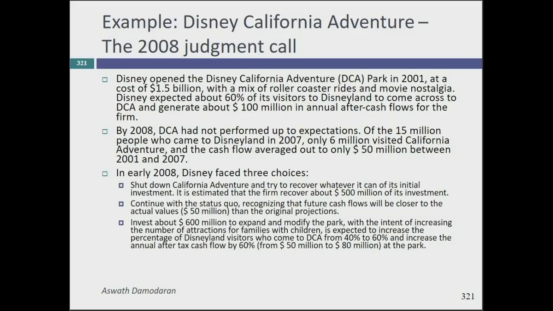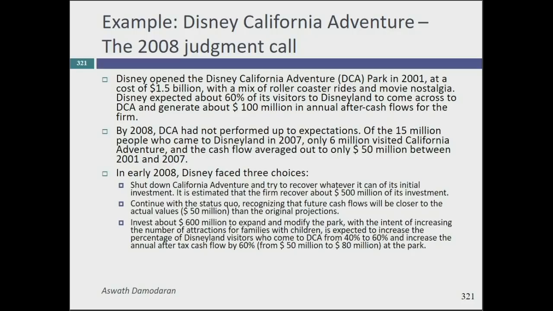It's not like Orlando, you have to drive miles. You just walk across the middle and you're in, and the original objective was that California Adventure would attract about 60%, that was the original expectation, of the people who went into Magic Kingdom.